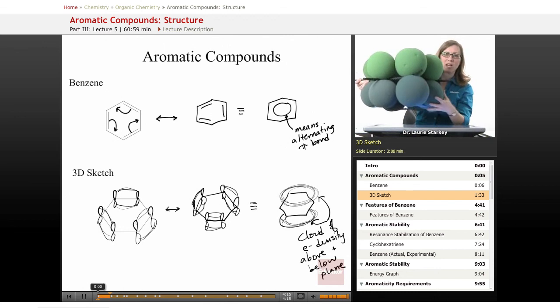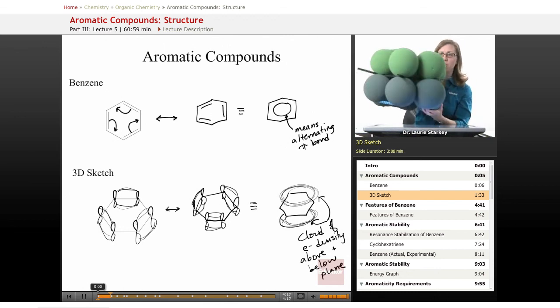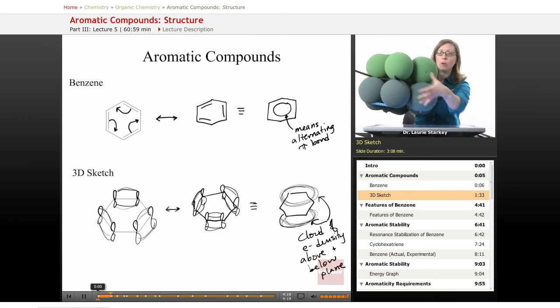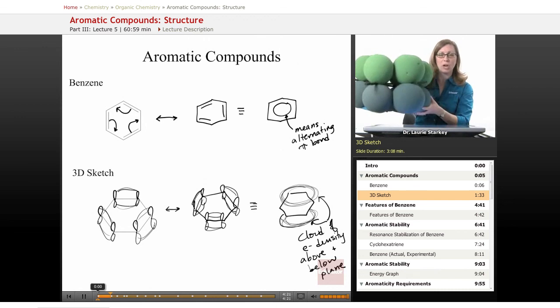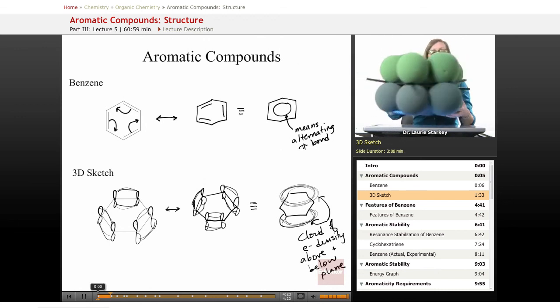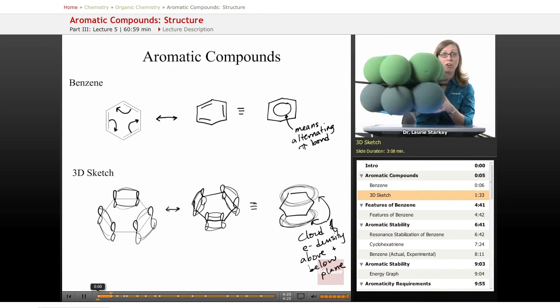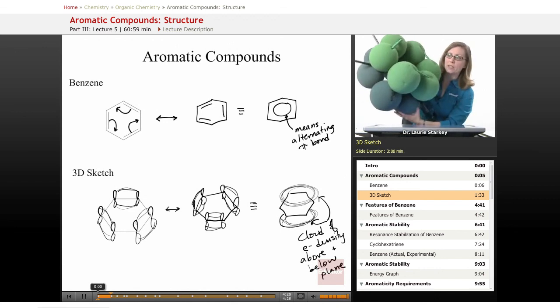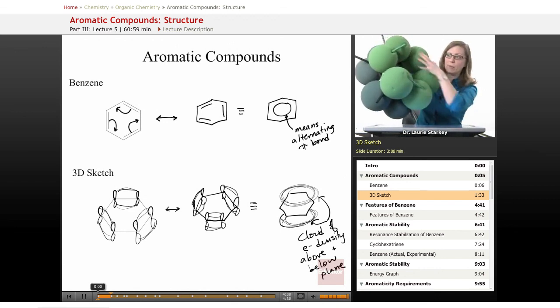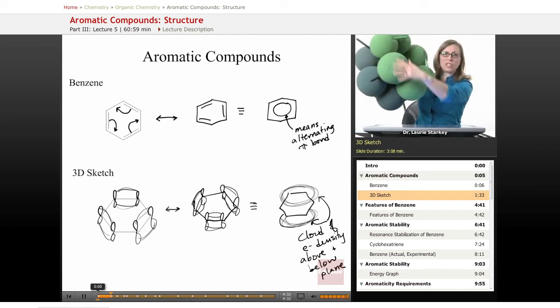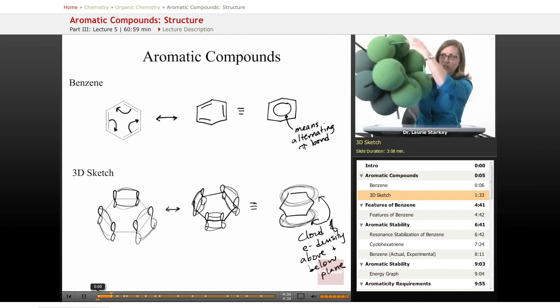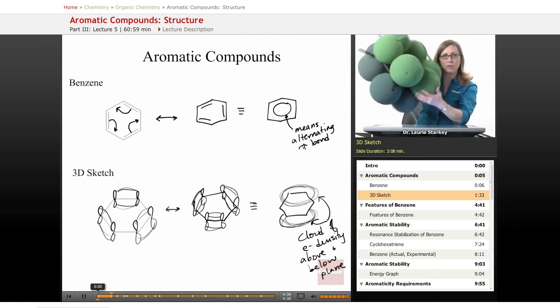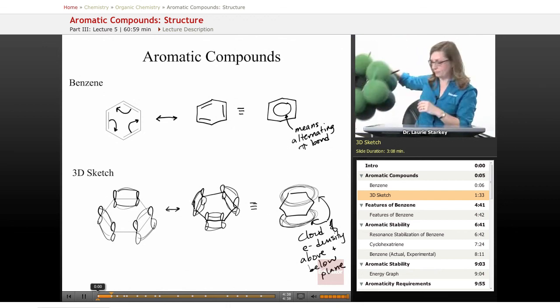And when we have this kind of space-filling model of what a p orbital looks like, you can really see how the p orbital on each adjacent carbon is touching and overlapping and interacting and sharing its electrons. So even though we can maybe think of this as 3 double bonds, really there is no distinction between a double bond and a single bond here because those electrons are equally distributed throughout the plane.